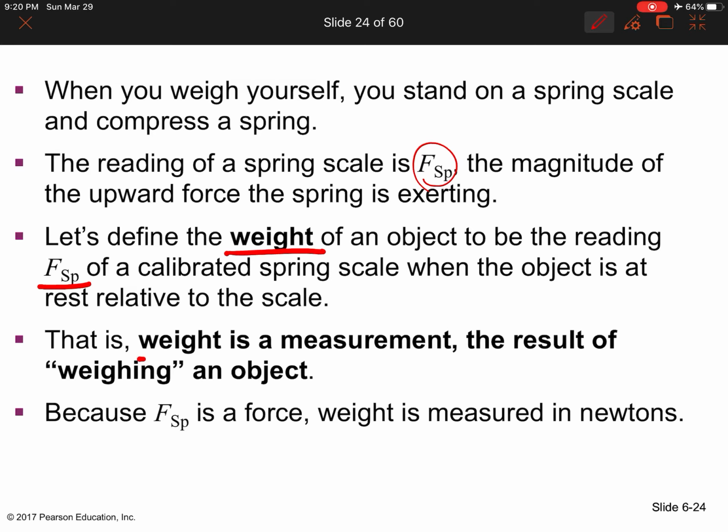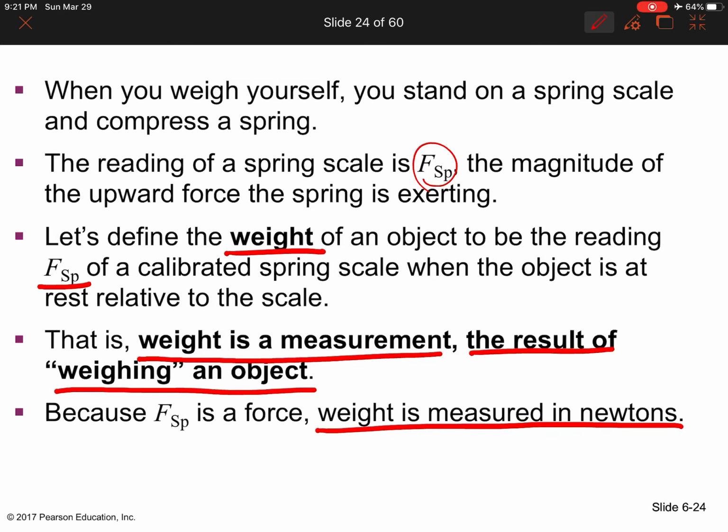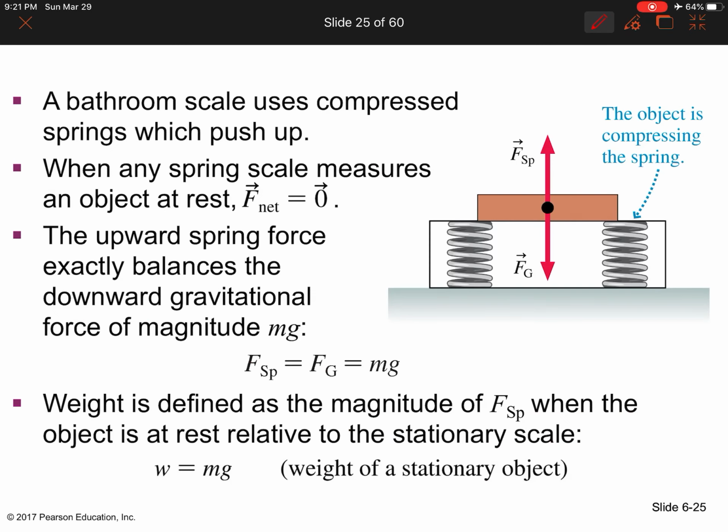So weight is a measurement, and it's the result of weighing an object. And weight is measured in newtons, and it's dependent on gravity.